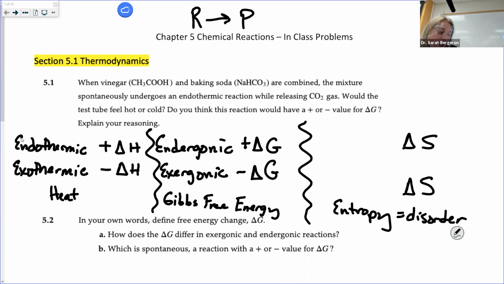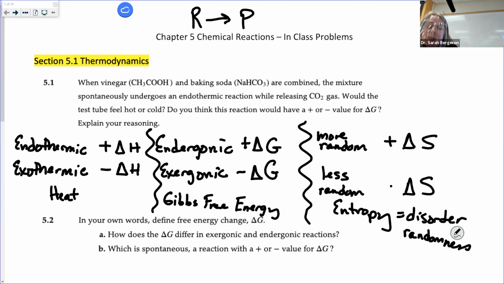When you think of disorder, I think of randomness, right? So if you have something that becomes more random, what is my sign going to be on delta S? It's going to be positive. If I have something that becomes less random, negative.